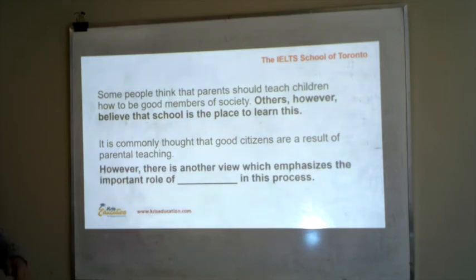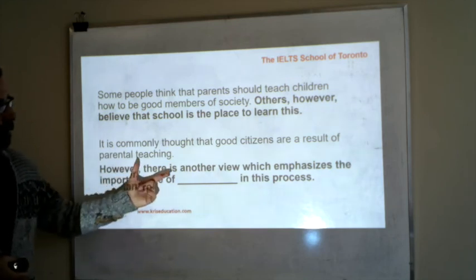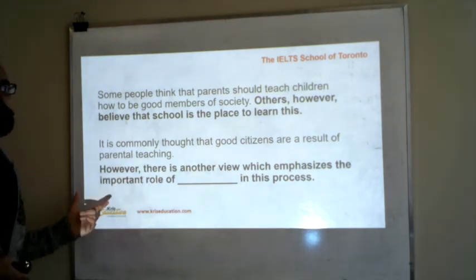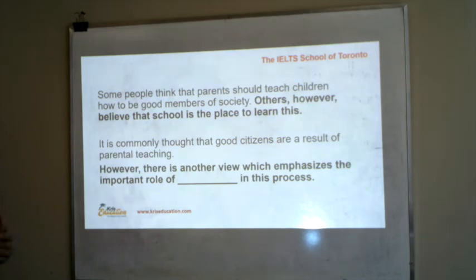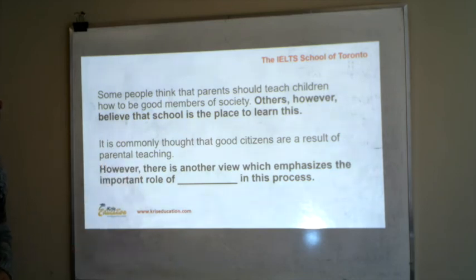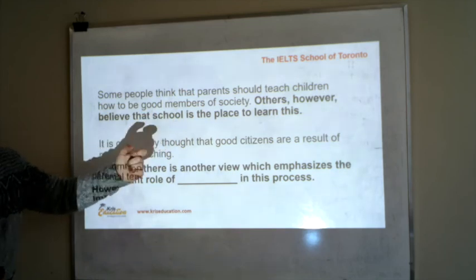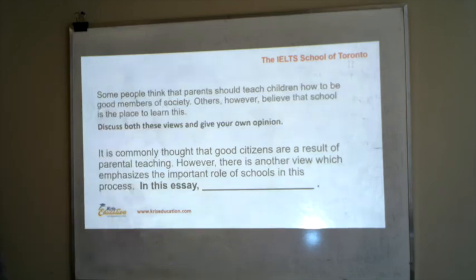So, following the same way, we use this sentence, which is kind of a sentence that you can memorize and you can use with every discussion essay. And the sentence goes, however, there is another view which emphasizes the important role of schools in this process.